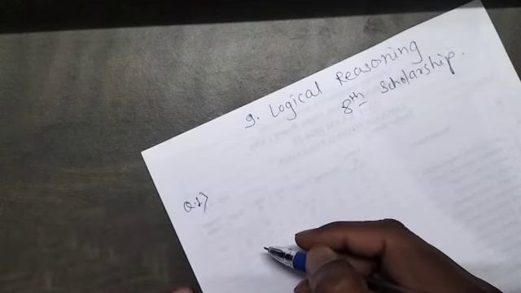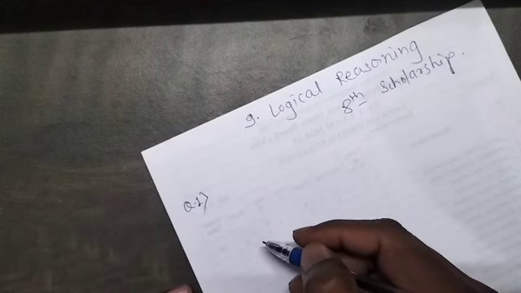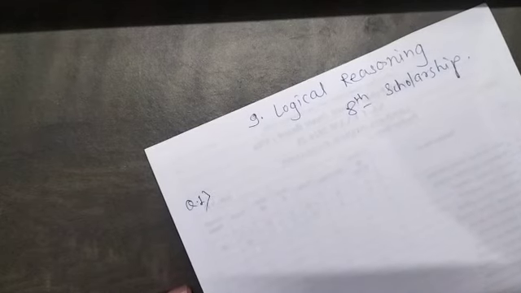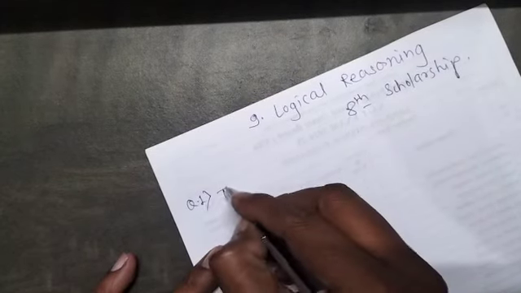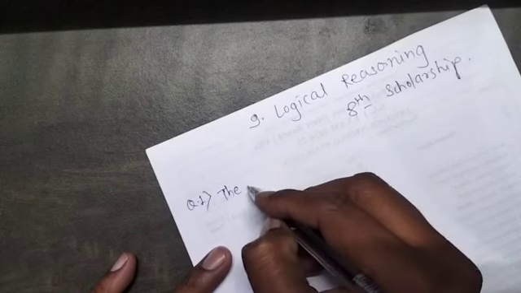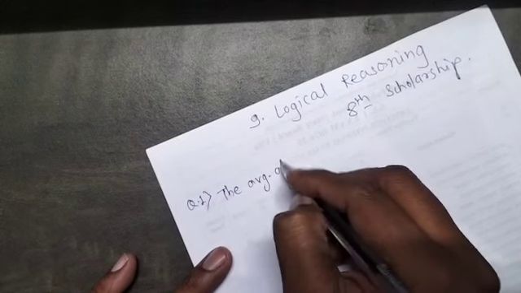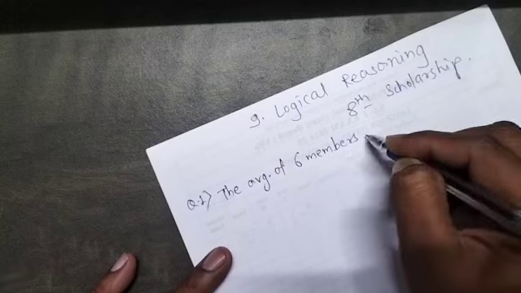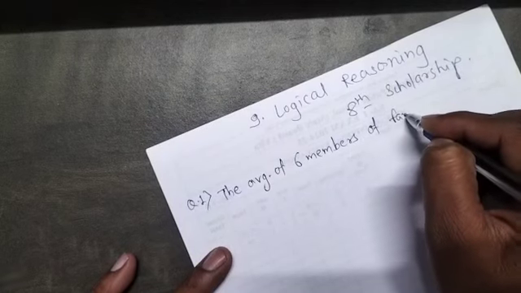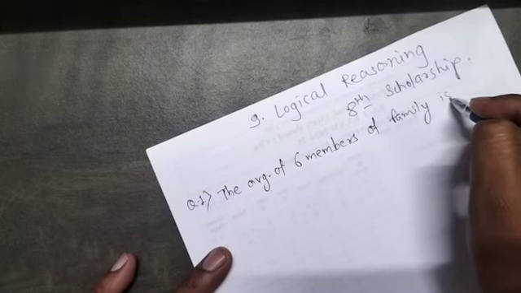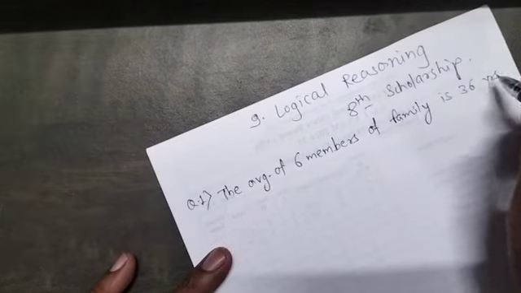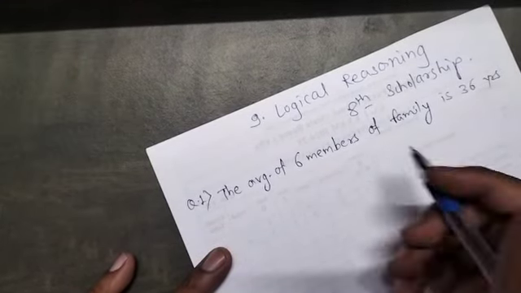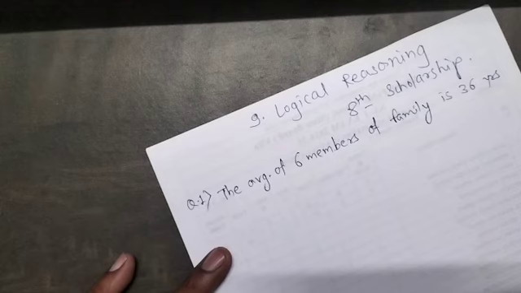The average of 6 members in a family is 36 years. I will write the problem in short. The average of 6 members of a family is 36 years.